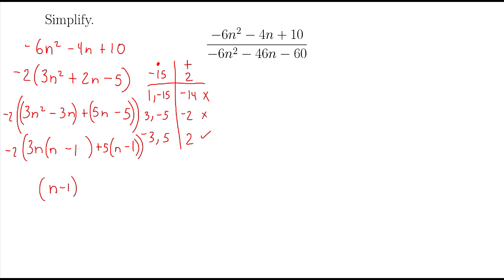If I divide by n minus 1, I'm left with 3n, and if I divide the other term by n minus 1, I'm left with positive 5. So we have n minus 1 times 3n plus 5, but let's not forget the negative 2 on the outside. There we go. That's the numerator.